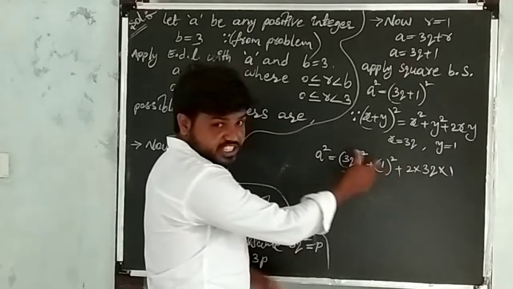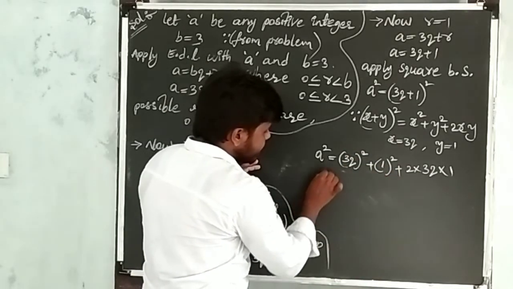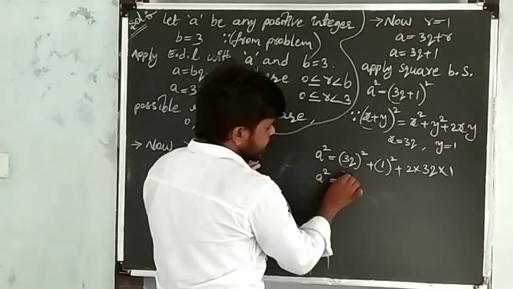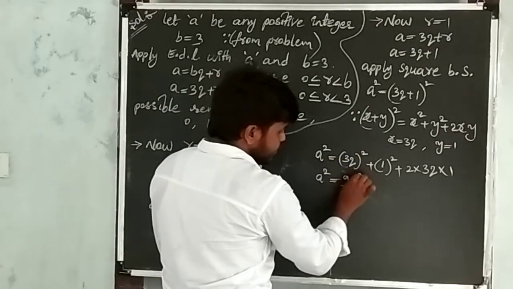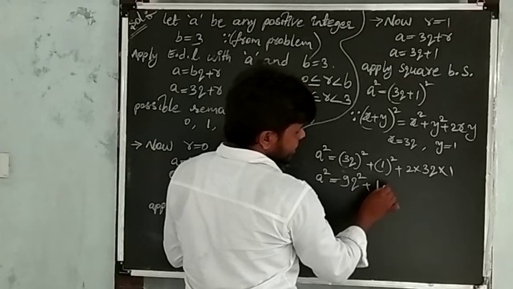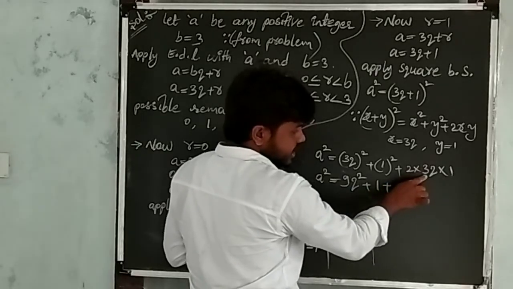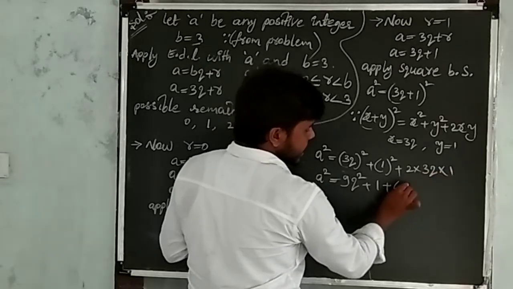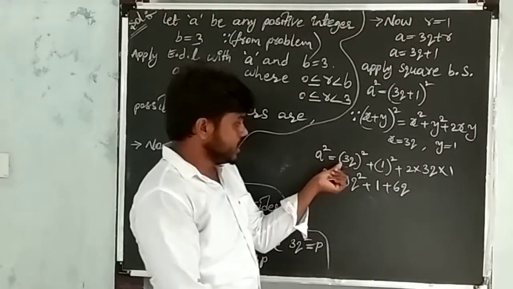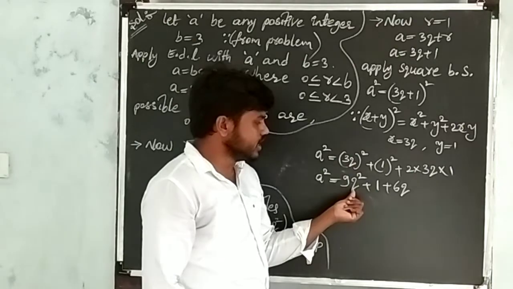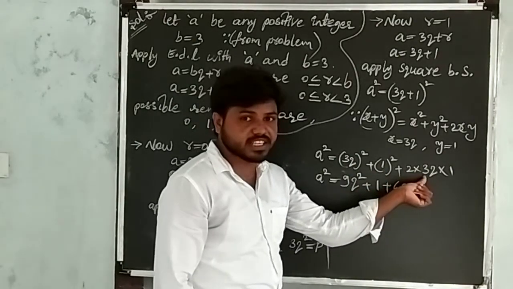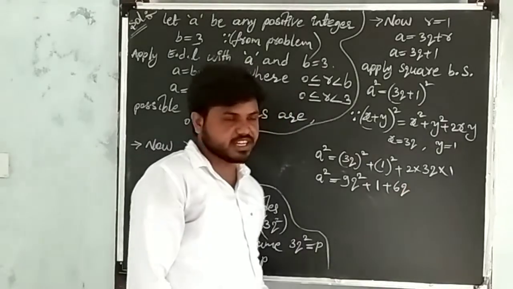Simplify this. Square is applicable for 3 and q: 3 square is 9, q square, plus 1 square is 1, plus 2 threes are 6, 6 ones are 6, q as it is.